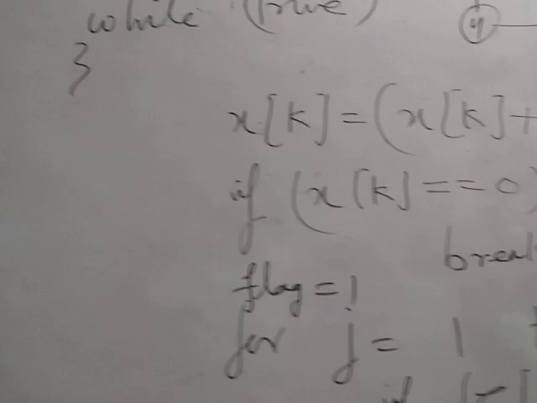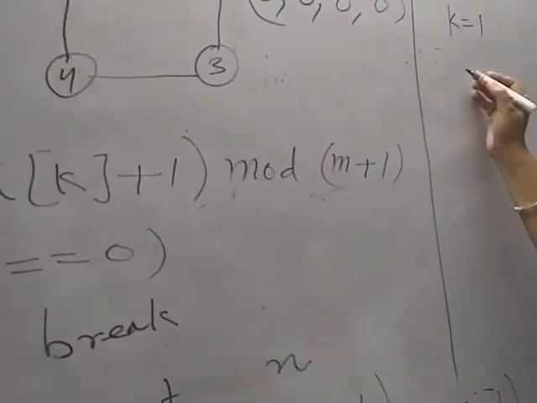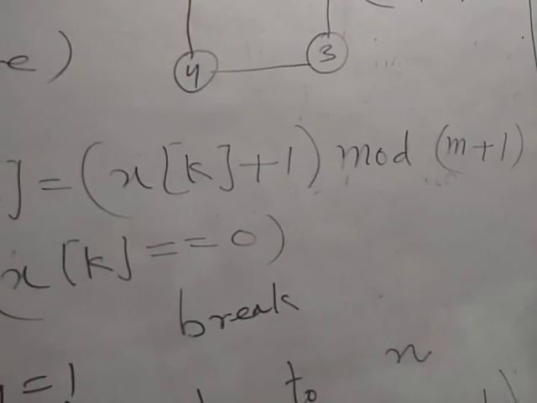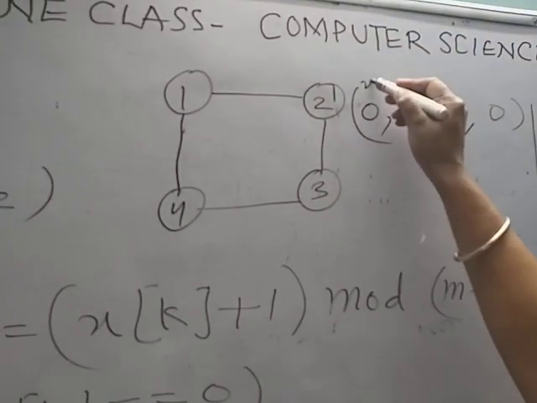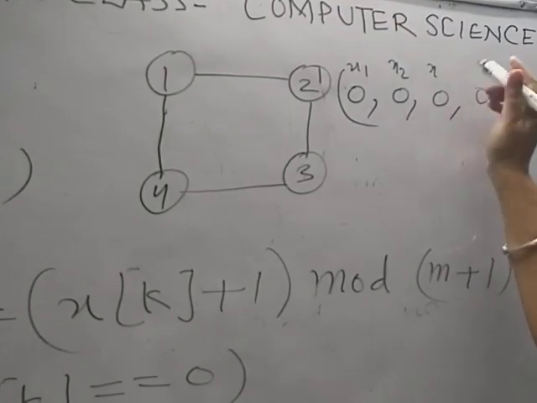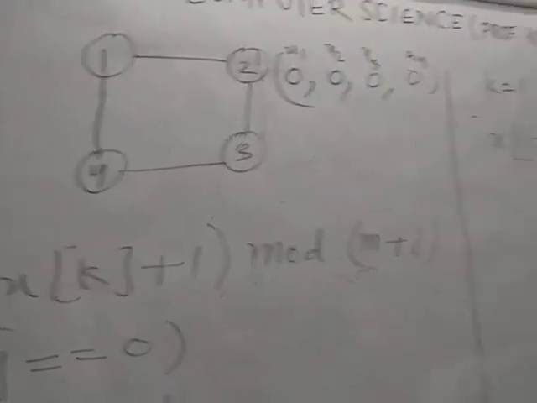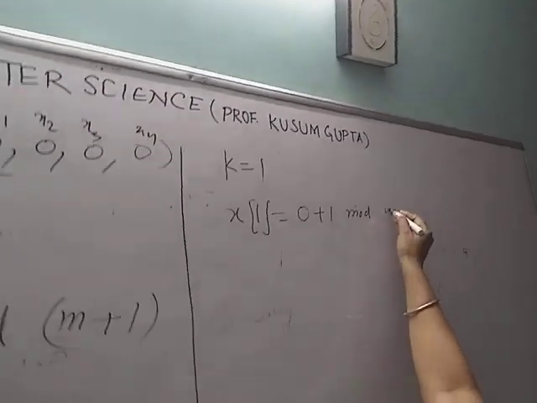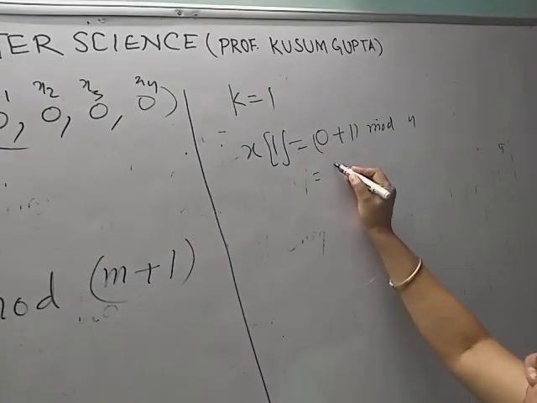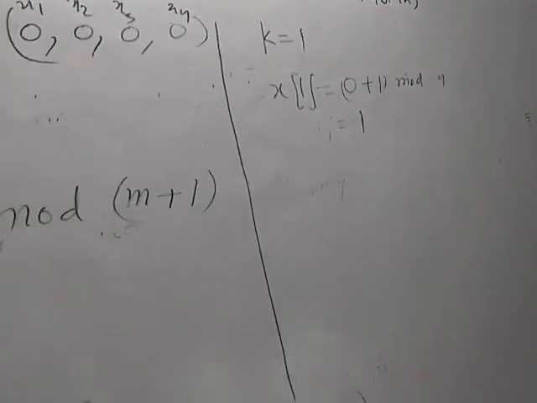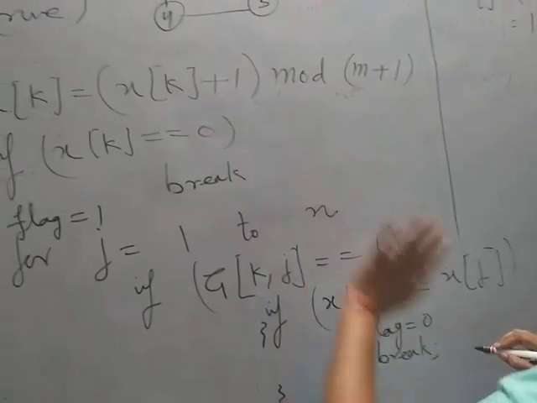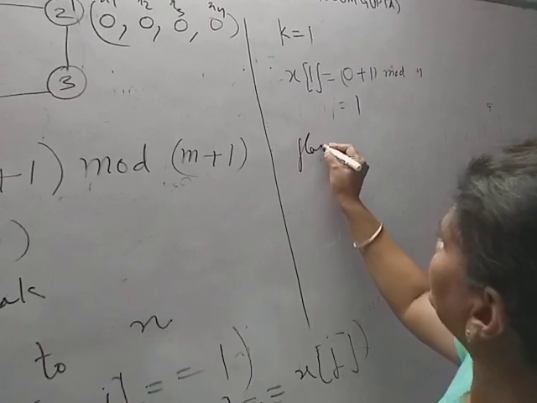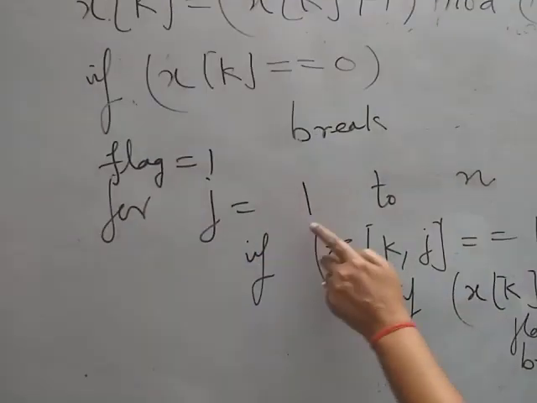In the loop, xk equal to xk plus 1 mod m plus 1, so x1 equal to x1 plus 1. Here these are x1, x2, x3, x4. So x1 is 0, 0 plus 1 mod 4, so it will give 1. Okay, now xk equal to 0? xk is not equal to 0, so this condition is not true. Flag is 1. J is equal to 1 to n.